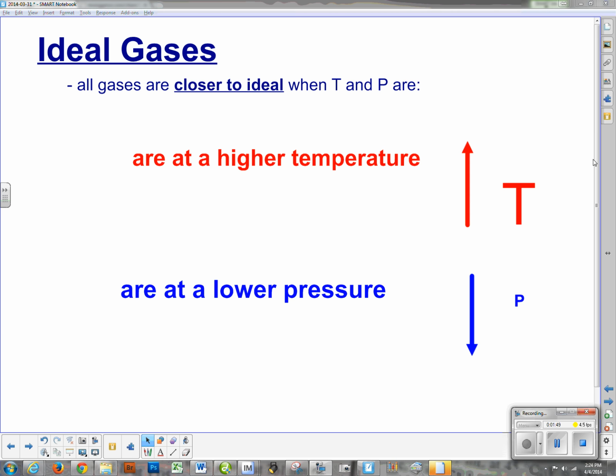So what this says is that at higher temperatures or lower pressure, or both, that ideally, for an ideal gas, you would have both situations, a higher temperature and a lower pressure.